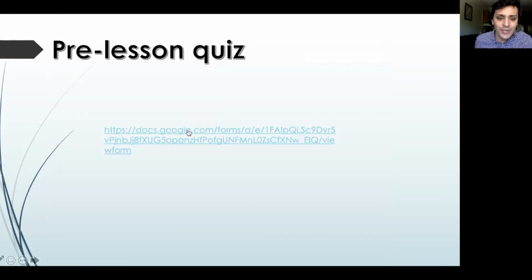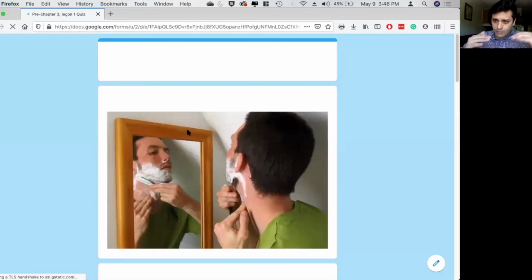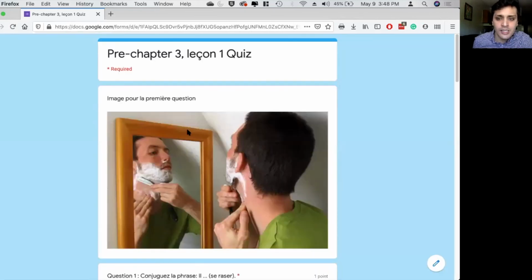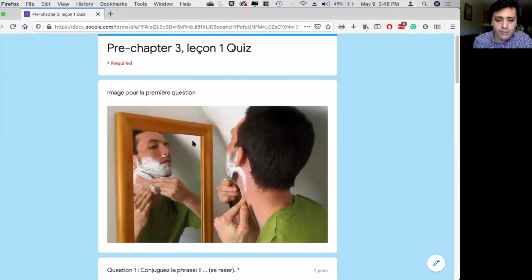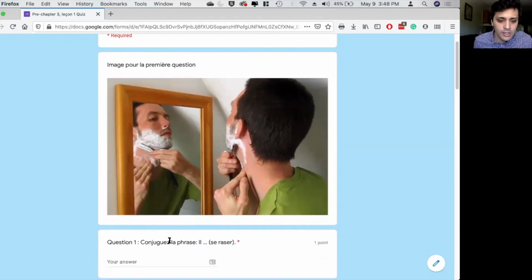Here's a quick look at what the pre-quiz looked like. The pre-quiz and the post-quiz are the same to keep consistency, to be able to measure the same data. These are pretty standard questions we would ask them on an exam or even in their pre-class quizzes. So: conjuguer la phrase, conjugate the sentence, il, and then in parentheses, se raser.